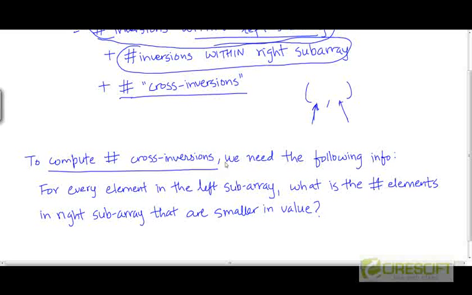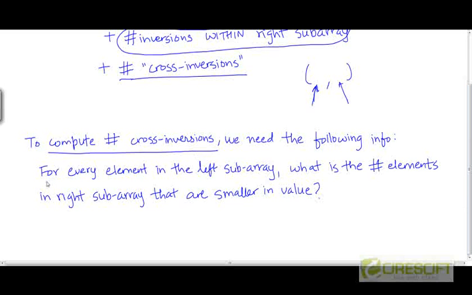To compute the number of cross inversions, we need the following information, and this follows from the definition of what an inversion is. For every element in the left subarray, we want to know how many elements in the right subarray are smaller than that element.